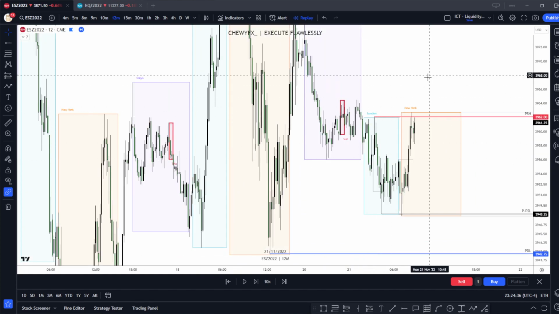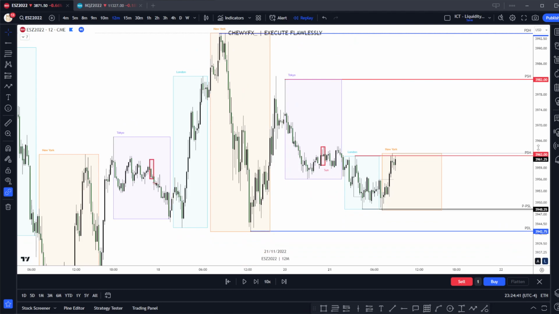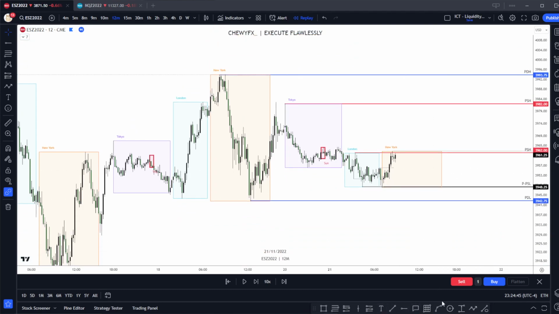So something to keep in mind as well, it is possible, and let me make this clear, it's possible but unlikely, that instead of us looking for that sell, we could also look for a buy towards the previous day high.